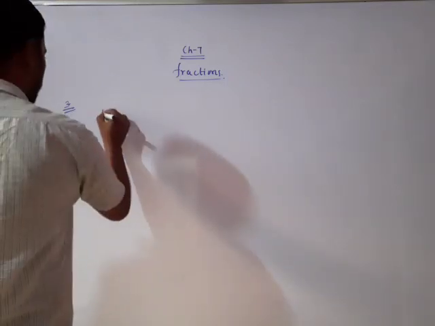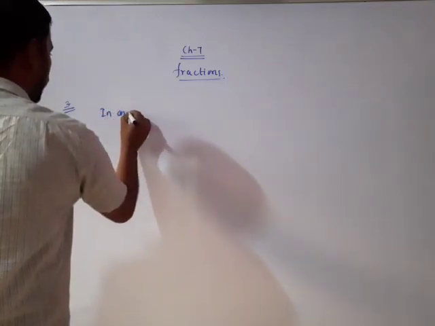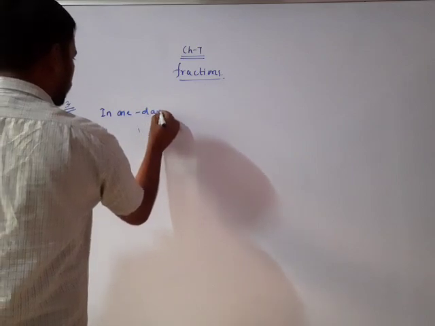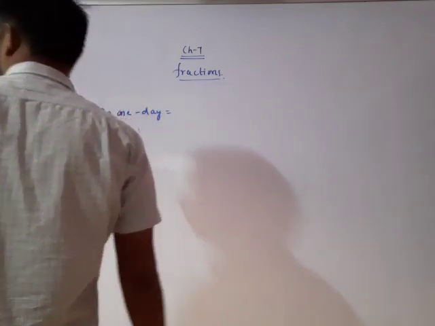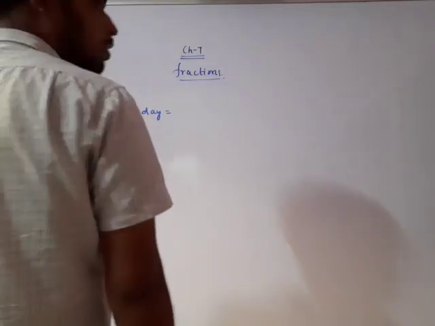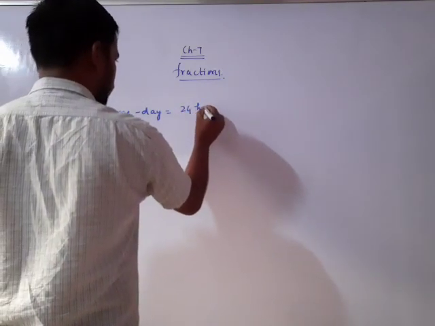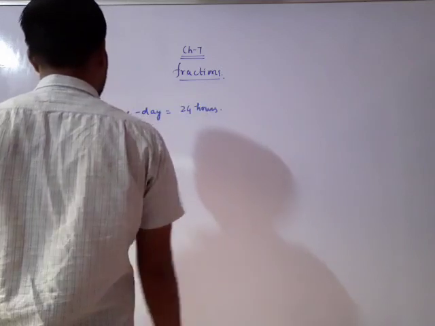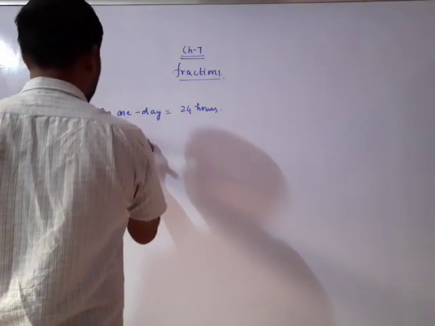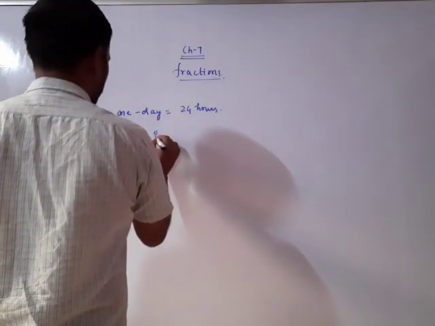In one day there are total 24 hours. The time you have been given is 8 hours.